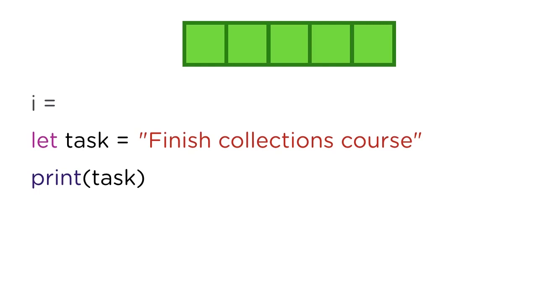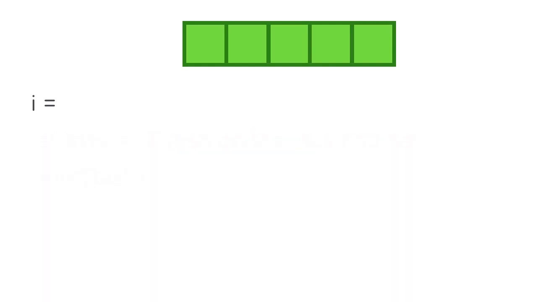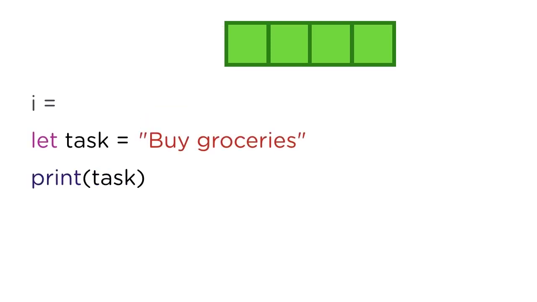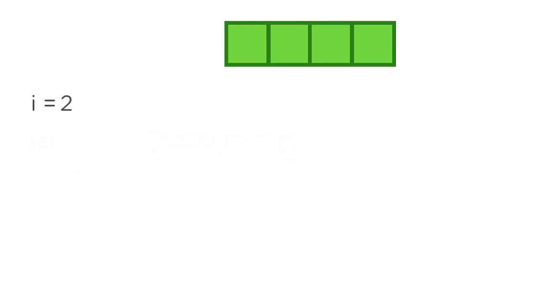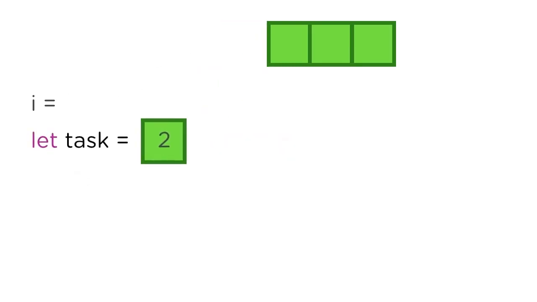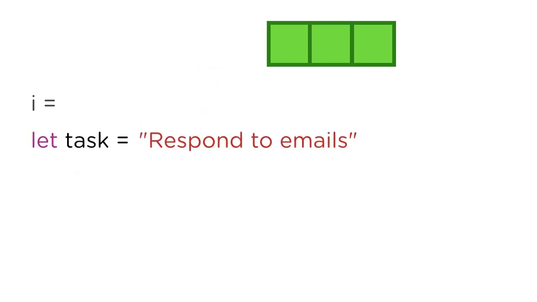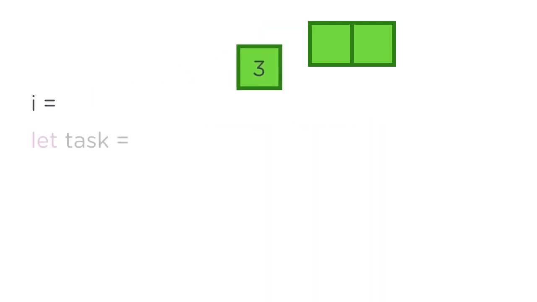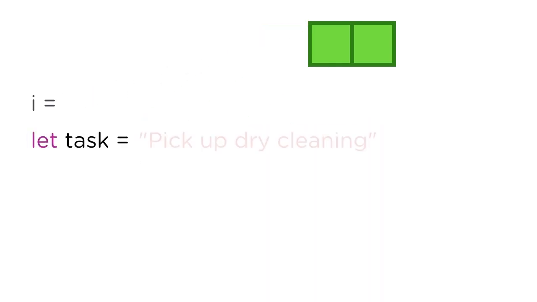Once all the code in the body of the loop is executed, we go back to the top, add 1 to the variable, and start over. So with I equal 1, we use this value as an index now to get the second item in the array. And again, we assign it to a constant named task. We do this over and over until we reach the end. We keep doing this until the value of I is 1 less than the number of items in the array, which, if you remember, we got by using the count method.